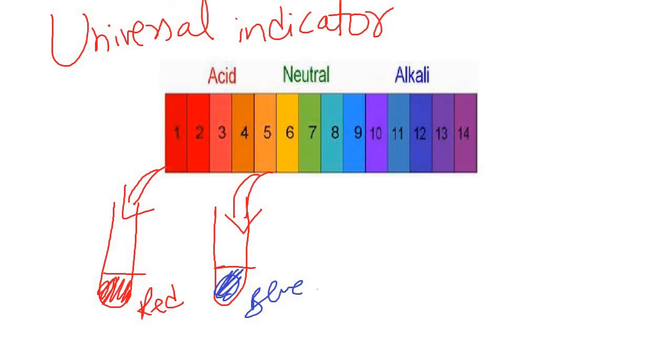From this experiment, you can quickly tell that this is a base which has a pH of around 12, and this is an acid which has a pH of around 1. So the universal indicator can help in determining the approximate pH. For exact pH, a pH meter is a very good instrument to use. We'll be studying that in later classes. At this point of time, in case you know this properly, this should be enough.